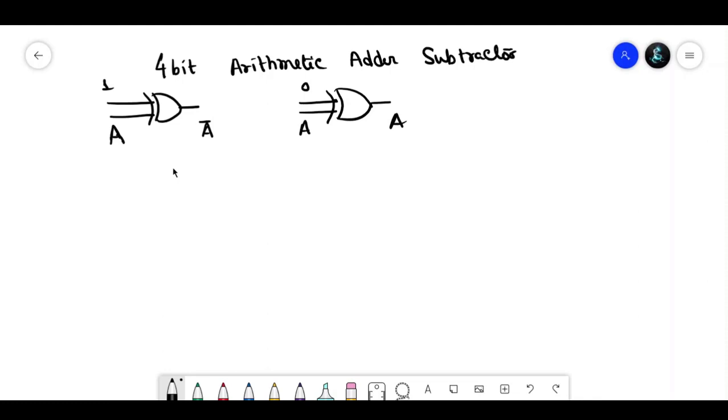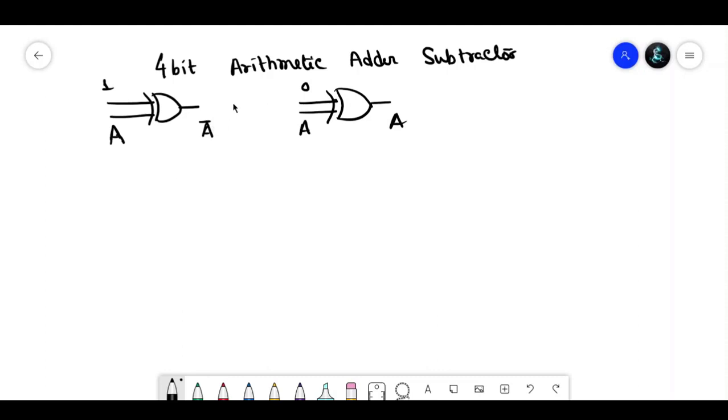So the binary subtraction A minus B is equivalent to the 2's complement of B added with A. So the addition and subtraction can be combined in a single circuit using the exclusive OR.